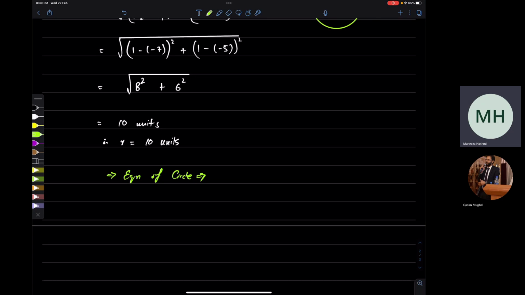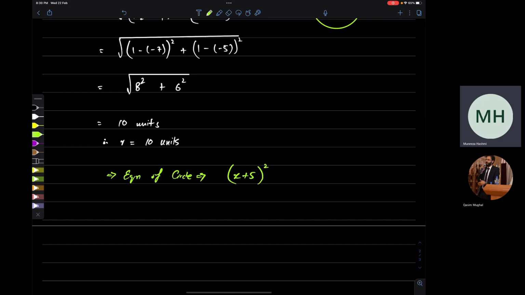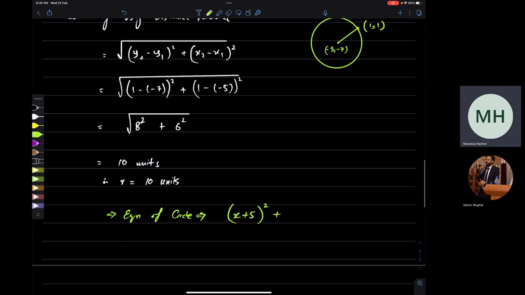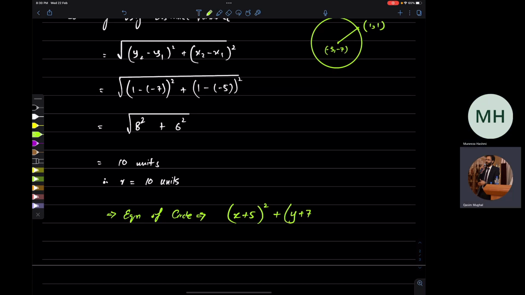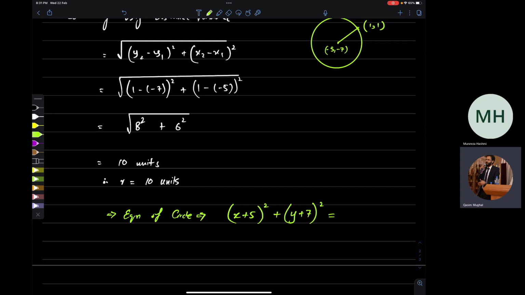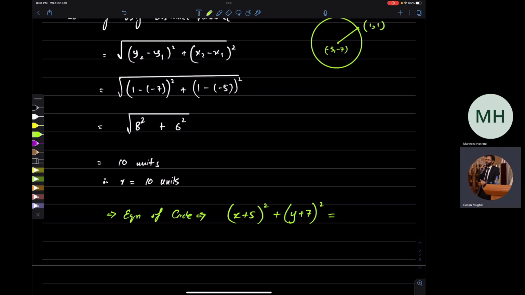So x plus 5 whole squared, then plus y plus 7 whole squared, equals, good, 10. No, not root 10, because that's the radius, so it is the square of the radius. So that is going to be 10 squared.